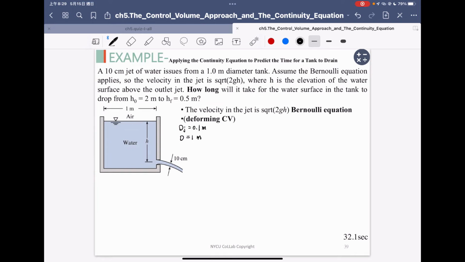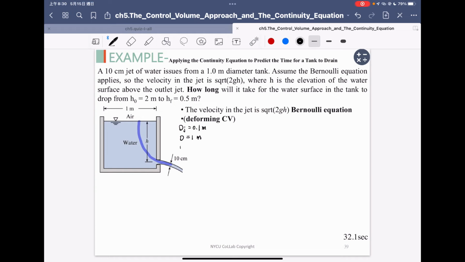And we assume the Bernoulli equation applies. So the velocity in the jet is the square root of 2gh. As you remember, the Bernoulli equation tells us that any 2 points along a streamline satisfy the Bernoulli equation.